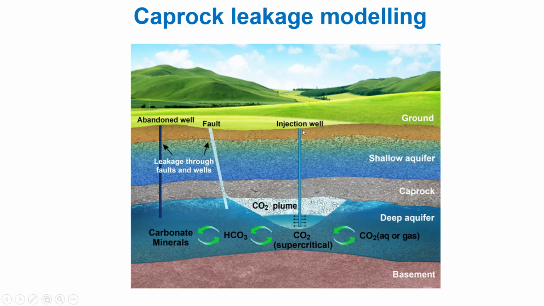When you inject CO2 into the saline aquifer, of course the caprock tries to keep the CO2 inside the saline aquifer. But the CO2 can leak through the caprock if the caprock is broken, because the overburden pressure has a maximum effect on the caprock, and given the pressure gradient, CO2 will follow the fault or the broken fracture to come out to the surface, and this is very dangerous.